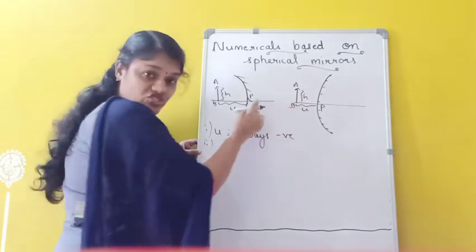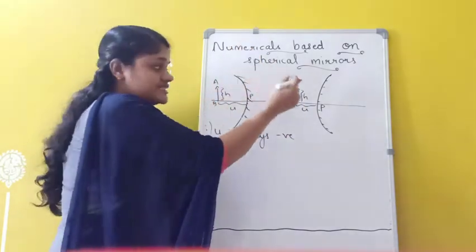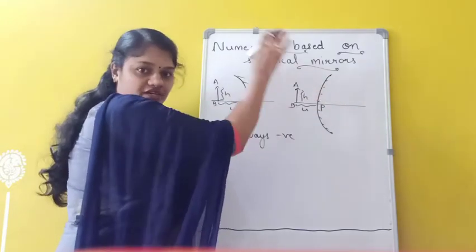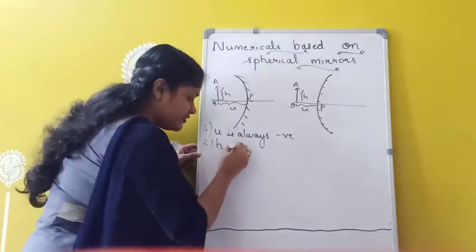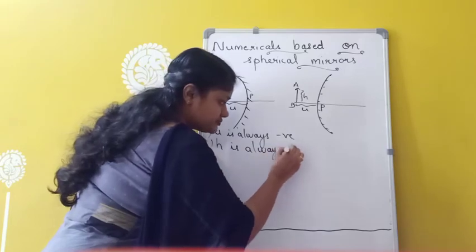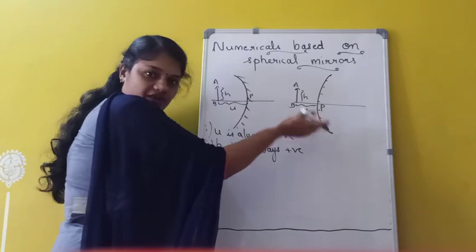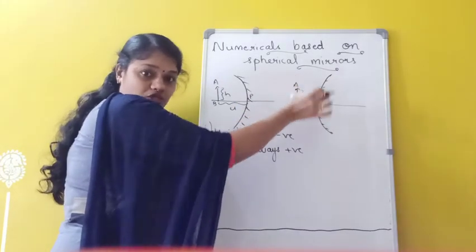We already studied that heights measured above the principal axis are taken as positive. So h is always positive because we are keeping the object only above the principal axis, whether in the case of concave or convex.